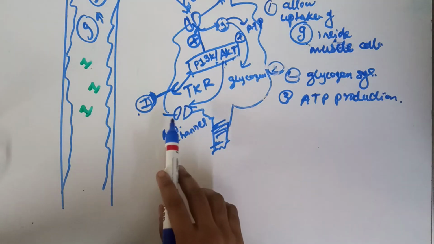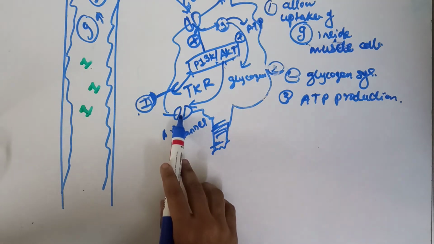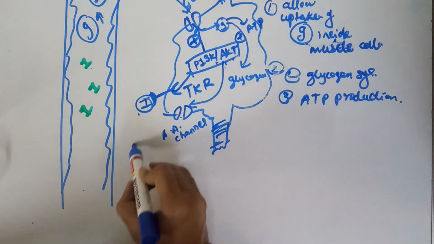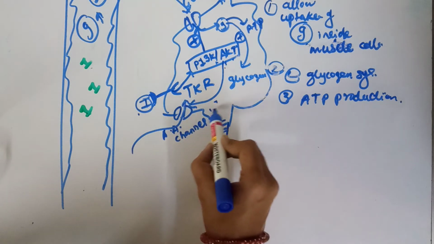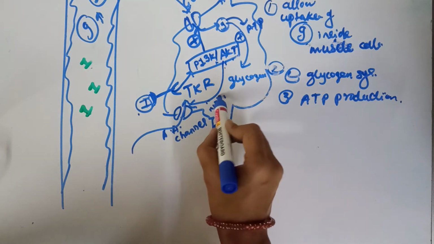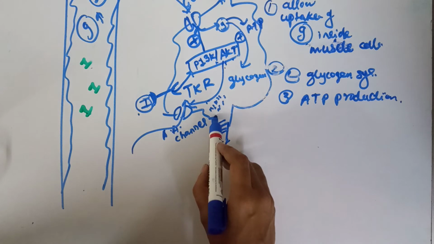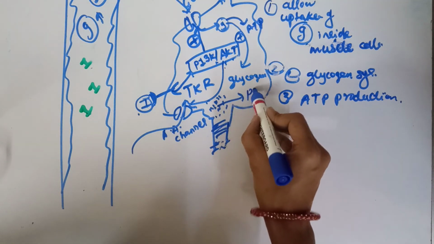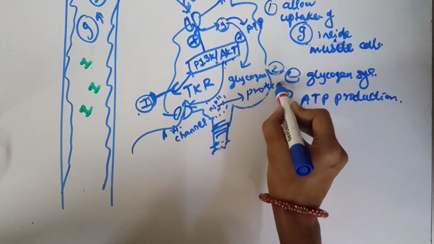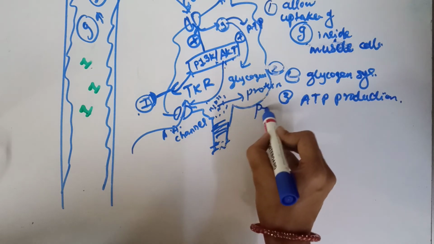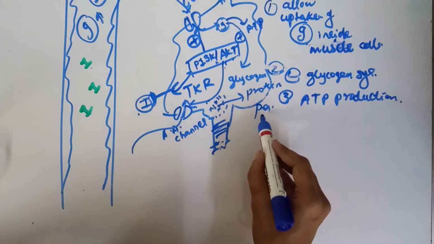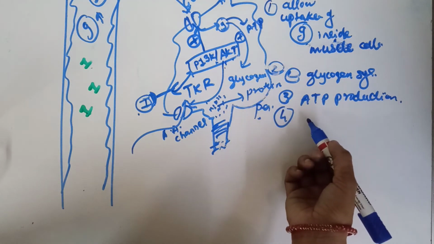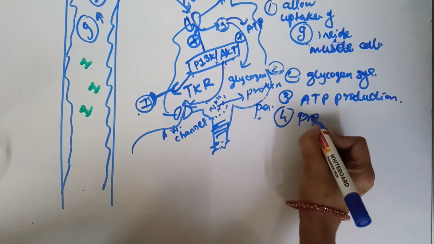After activation of this amino acid channel, it allows amino acids to come inside your muscle cells, and after they come inside, they are converted into protein peptide chains. That means the process is protein synthesis.